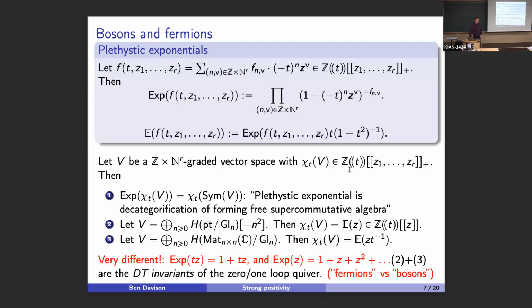Why is it 1 plus TZ? I guess the annoying answer would be just from the formula. So 1 plus TZ is... I have a minus T to the 1.